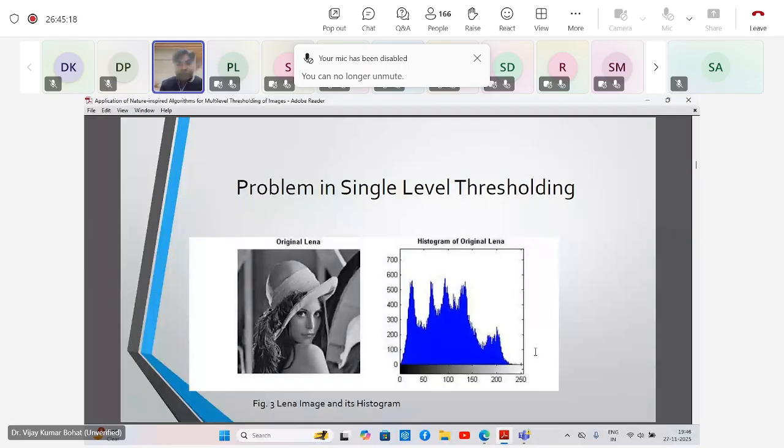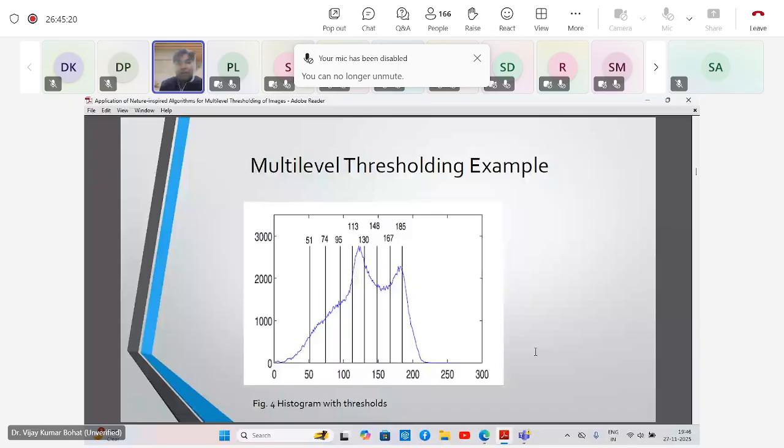Like in this image, suppose we have this histogram, and if I want to divide it with 8 thresholds, these are the 8 thresholds I can apply. After applying these 8 thresholds, this histogram is divided into 9 classes.